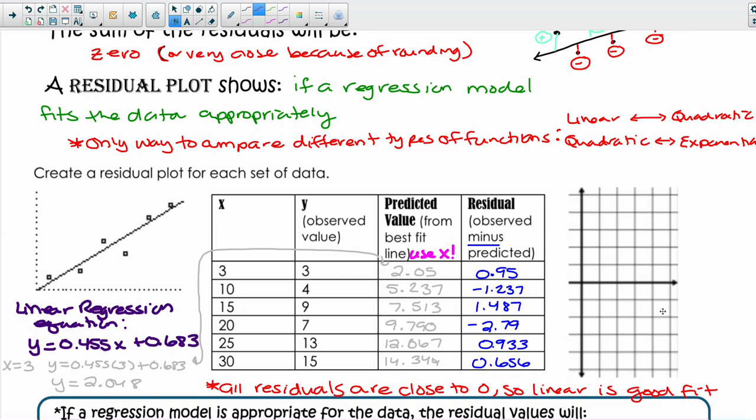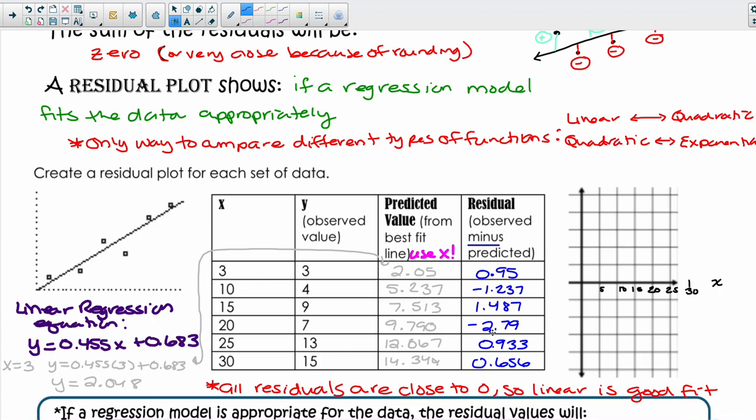Now we can actually plot this on here, and I'll use this as my x-axis. My x's go from 3 to 30, so I'll count by 5s. So I'll do 5, 10, 15, 20, 25, and then I'll put another line out here to be 30. And my y observed values go up to 15, but the residuals is what I'm plotting.